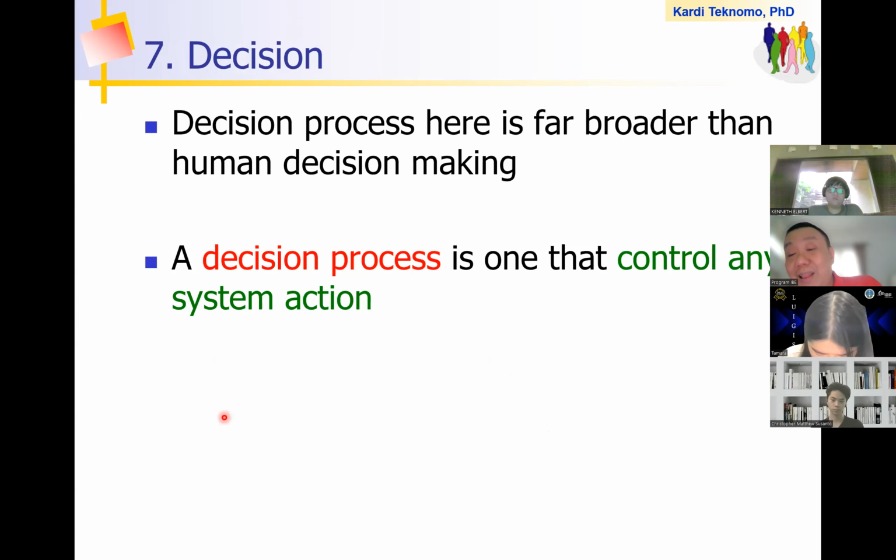With that, we have what is called decision. The decision process here is not only human decision. It is broader than just human decision. It can be the decision of a machine. So the decision process is just one that controls the system action.